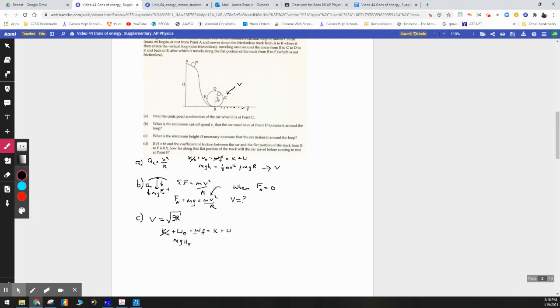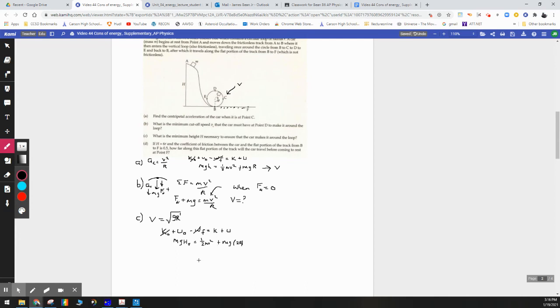There's no friction, so we get rid of that term. So we have mgh0. Now at this position there is kinetic energy, 1/2 mv squared, plus some potential energy, mg times 2r, because it's 2 times the radius.